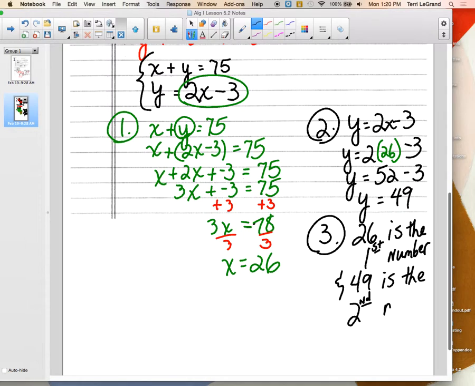So instead of writing it as an ordered pair, we know what those x and y's are, so we state it that way. But where would these intersect on the graph? 29, 49, or 26, 49. At ordered pair 26, 49, they would intersect on the graph.